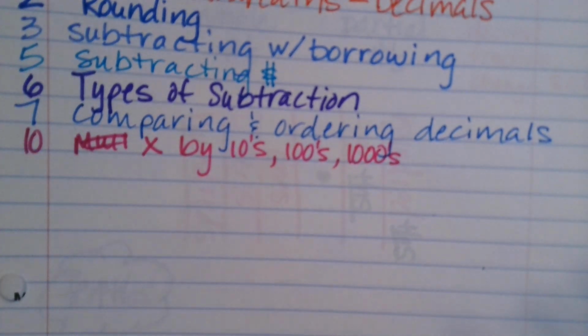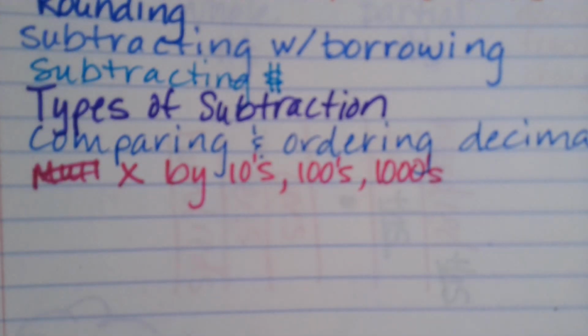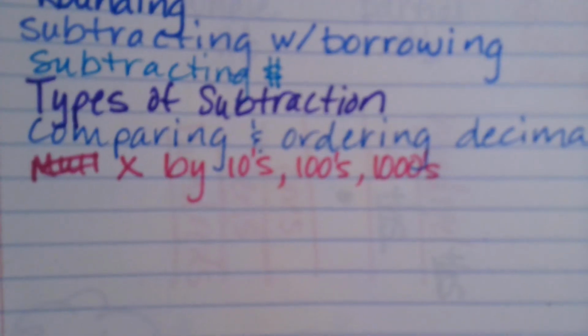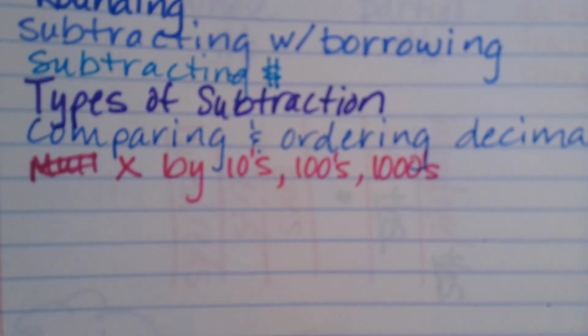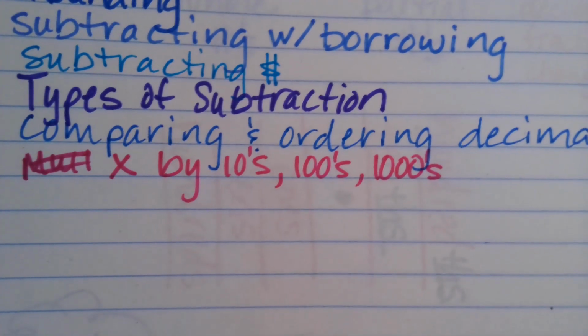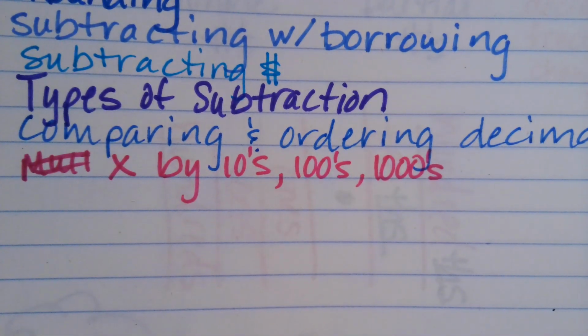So we're multiplying by 10's, 100's, and 1000's. Let's see if I can focus that a little better. That's a little better. There we go. So everybody understand that little multiplication sign. I actually wrote 10,000.